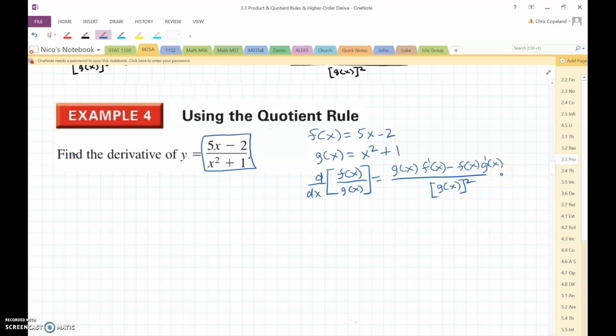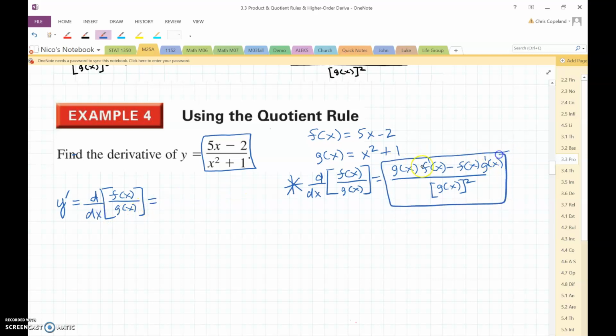Okay, so we're going to use this rule and apply it to find the derivative of this function. So y prime equals the derivative of f of x over g of x with respect to x. And now we're just going to use this rule here. So first, g of x, well, g of x is x squared plus 1.